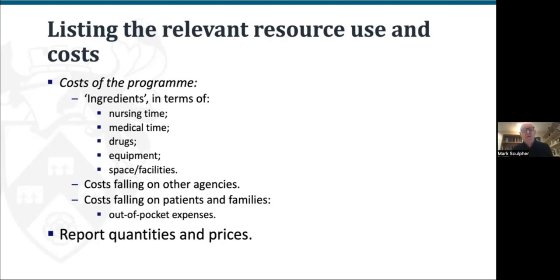And so the perspective of the analysis, that is whose budgets we're interested in, becomes really important. It's important also to report both the quantities of resources that a particular intervention and its comparators use, as well as their price or unit costs.